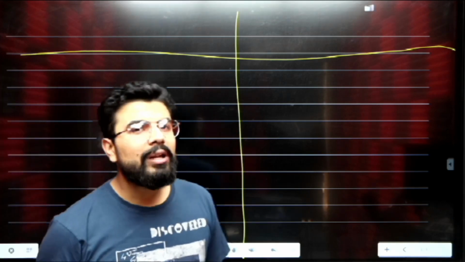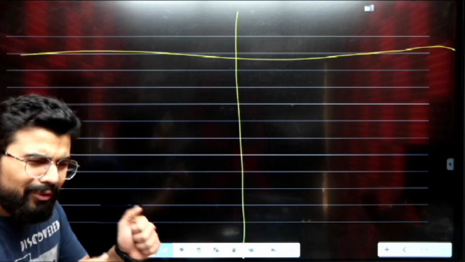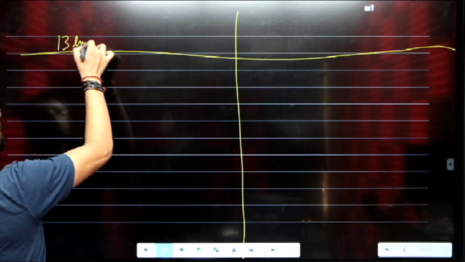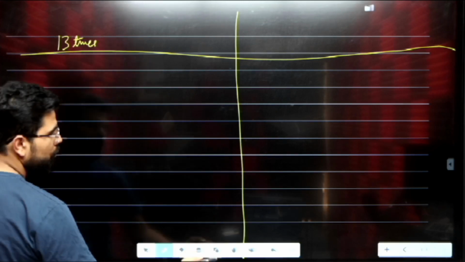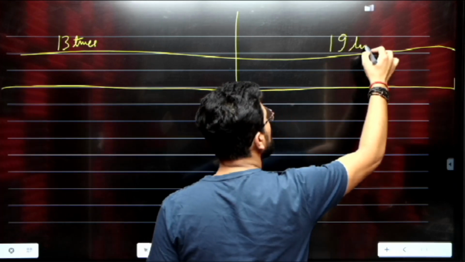Now, this time I'm going to take some different values. So, if you had solved the logarithm before, it will be very fun for you. Okay. So, one is 13 times root, and one is 19 times.